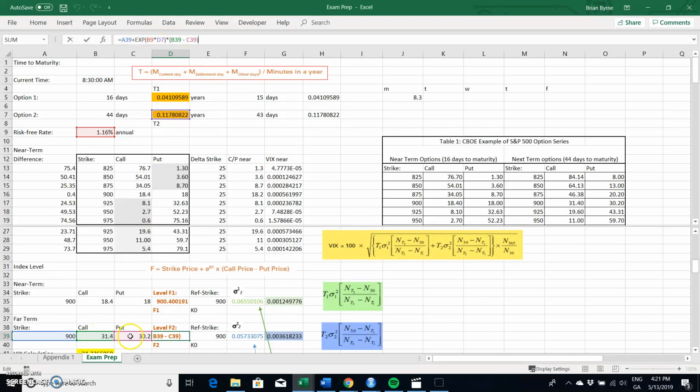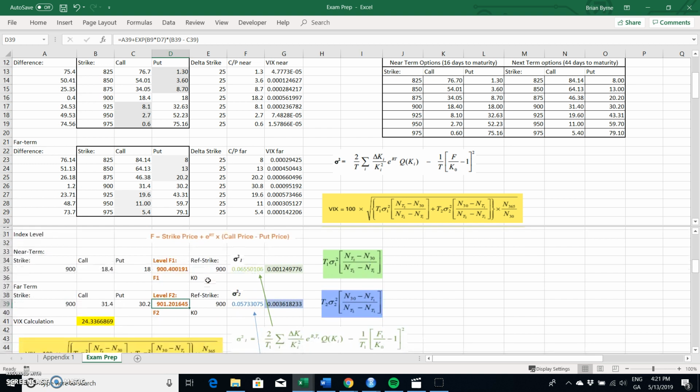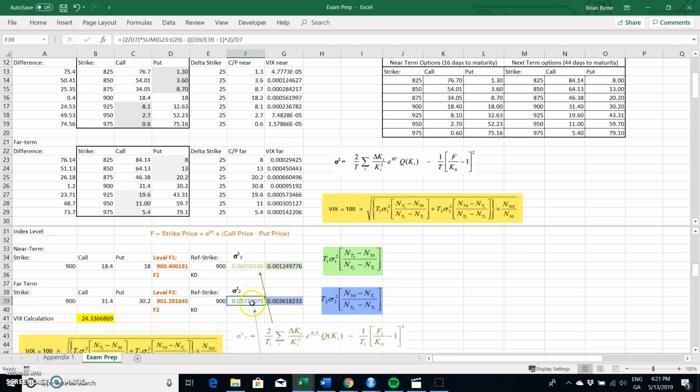Again, it's the call and put identifiable associated with these values here. So it's the 31.40 and 30.20 that are the respective call and put values. That allows us to produce the forward rate, which we then use to estimate the variance subscript 2, that second value.